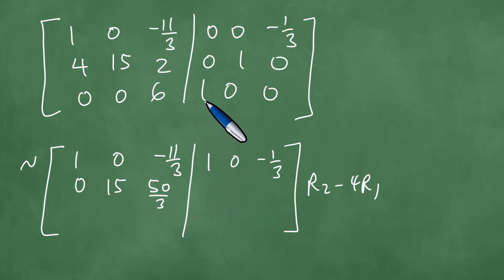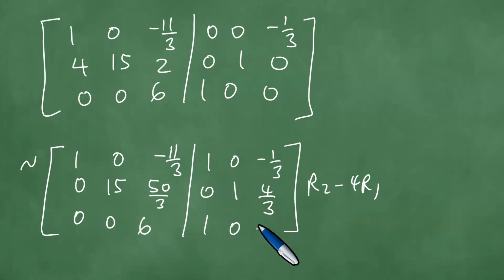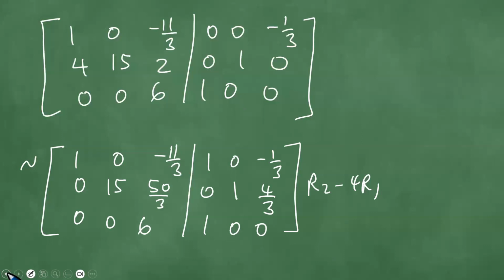And then, okay, so this one 0, this one 1, this one 4 out of 3, then 0, 0, 6, 1, 0, 0. Okay, now what is this?